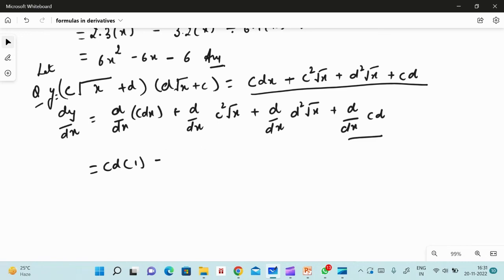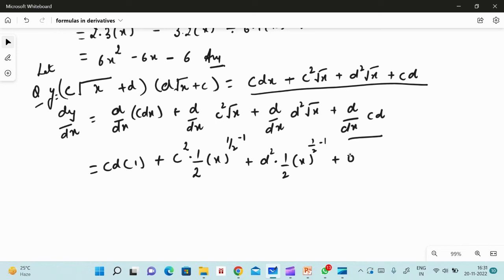Clear? Next we have plus c square into 1 by 2, root x is x power 1 by 2, into x power 1 by 2 minus 1, plus d square into 1 by 2 x power 1 by 2 minus 1, and plus 0.